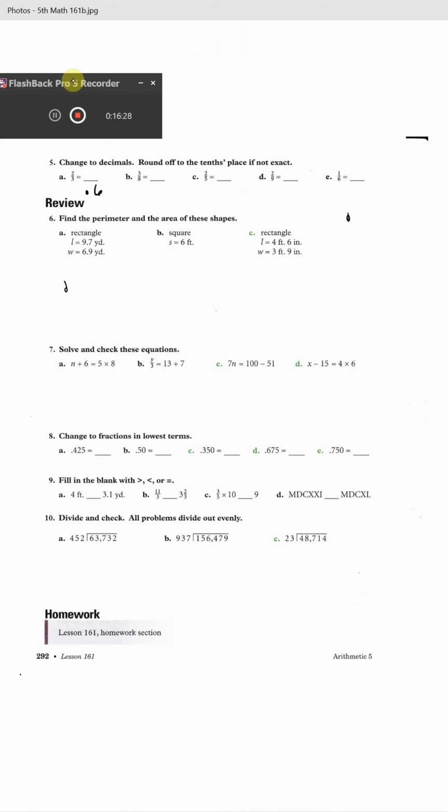But they want me to round it to the nearest tenths place, the first 6. So the next 6 will tell me to round that 6 up to 0.7.